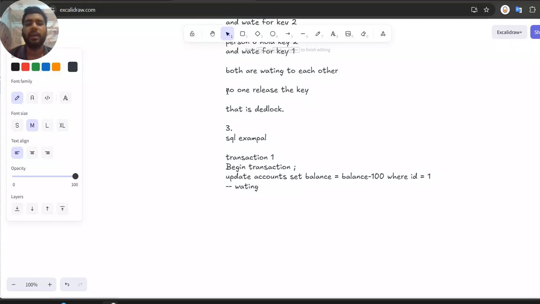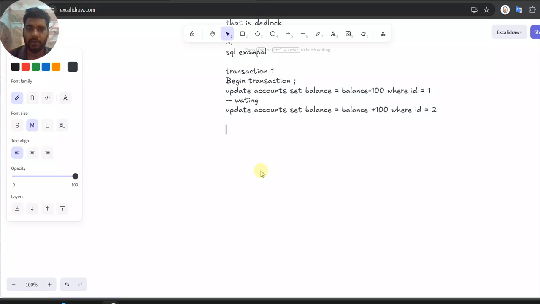And then update account set balance equal to balance plus 100 where ID is equal to 2.